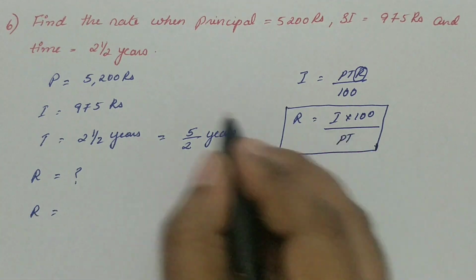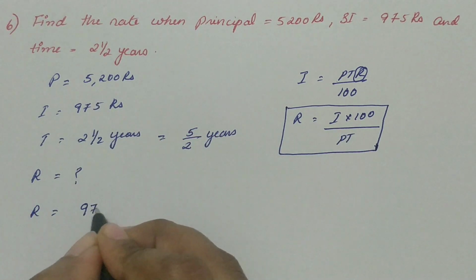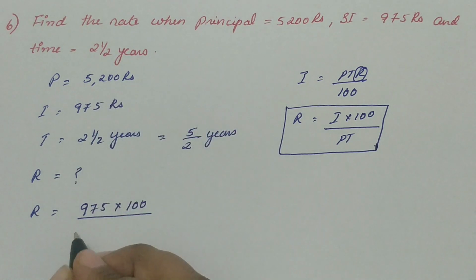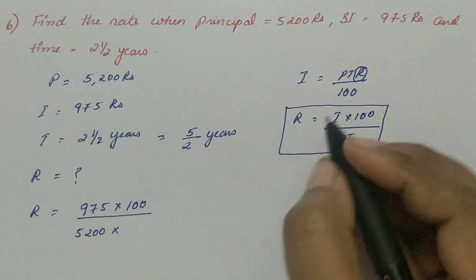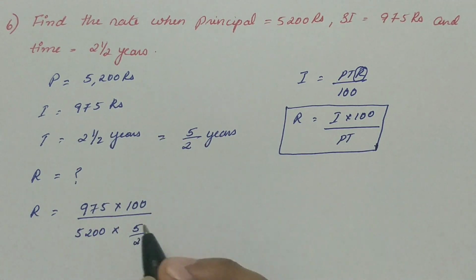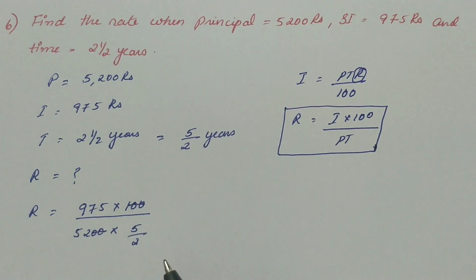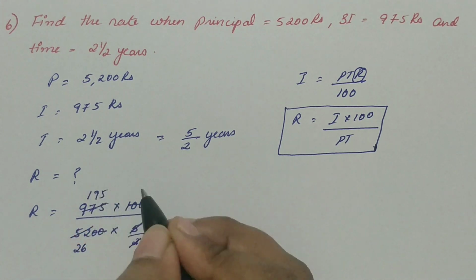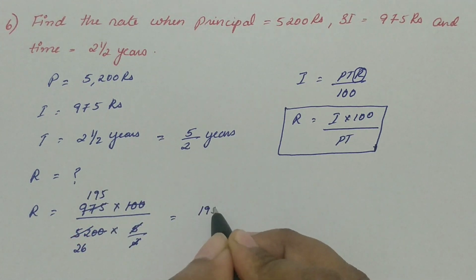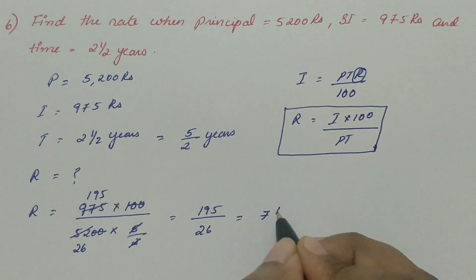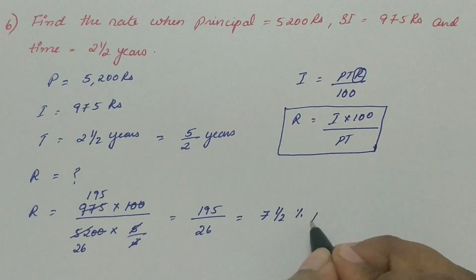R equal to I equal to 975 rupees into 100 divided by P equal to 5200 into T equal to 5 by 2. 2 zeros cancel. 2 26 times, 5 195 times, equal to 195 divided by 26 equal to 7 1 by 2% per year.